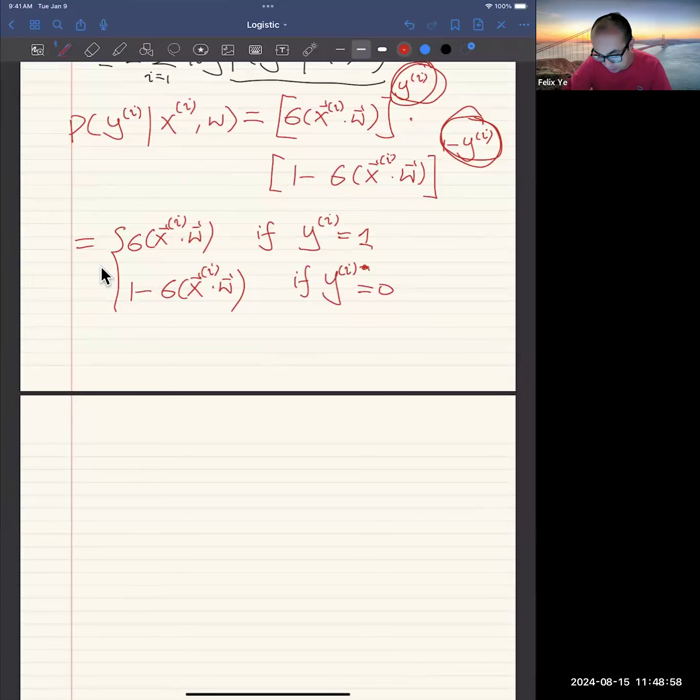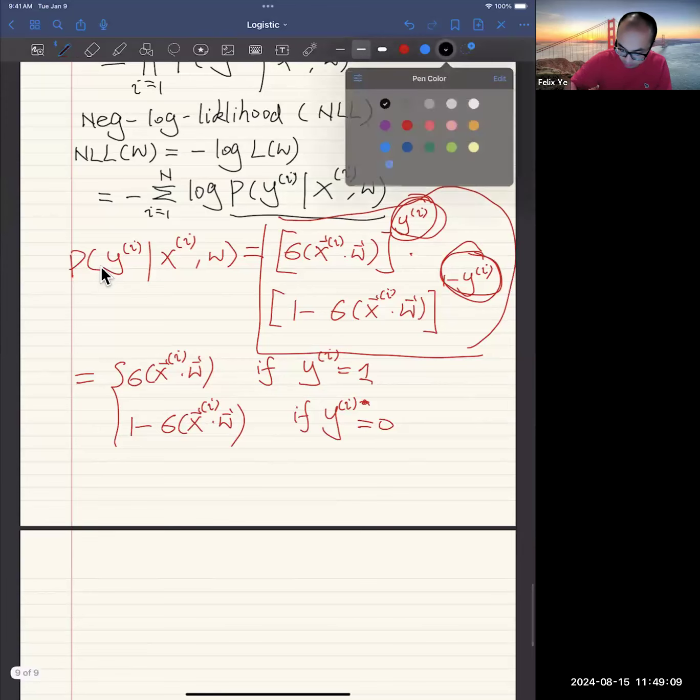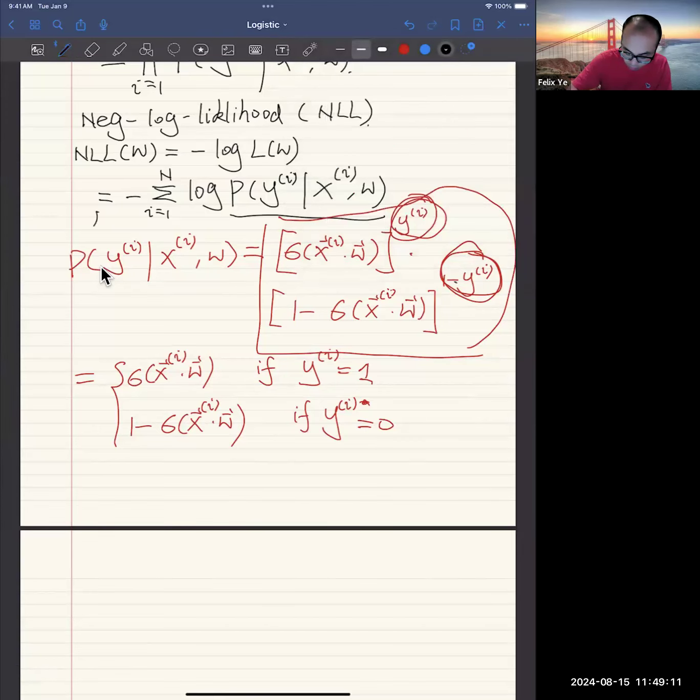All right. You can see this is a much more compact form right here. If we use this compact form, this is equal to minus the summation i from 1 to n. We can move the power down once we take the logarithm.